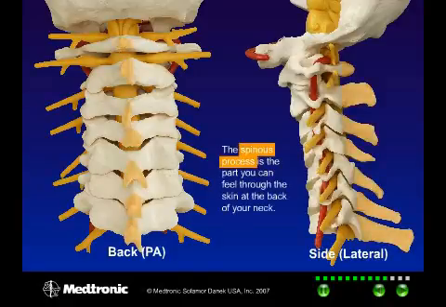The spinous process is the part you can feel through the skin at the back of your neck.